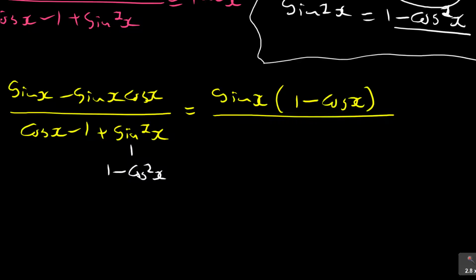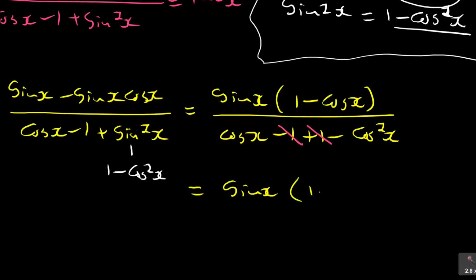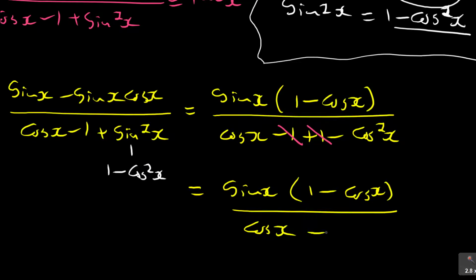So what will I have? Then I will have cos x minus 1 plus 1 minus cos squared x. See that I'm having? Why? Because I want to get rid of this minus 1 plus 1. Then I have sine x (1 minus cos x) over cos x minus cos squared x.